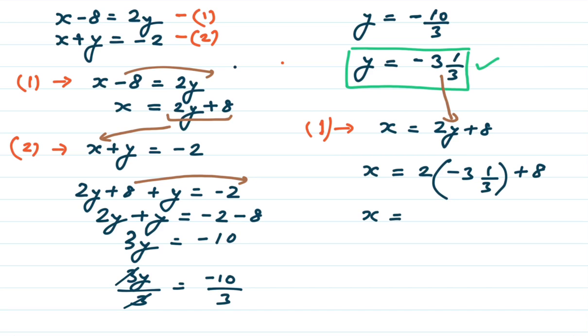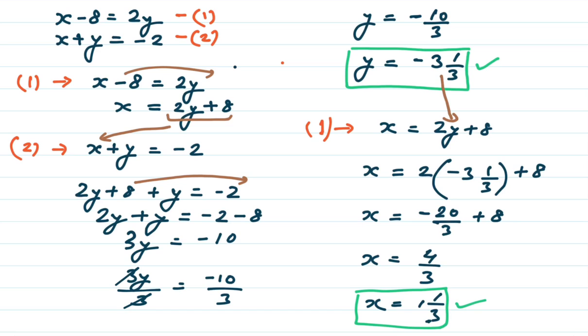If you simplify this, you're going to get the answer as negative 20 over 3 plus 8, which is going to give you an answer as 4 over 3, which is again an improper fraction, can be written as 1 1/3. So this is the answer for x.